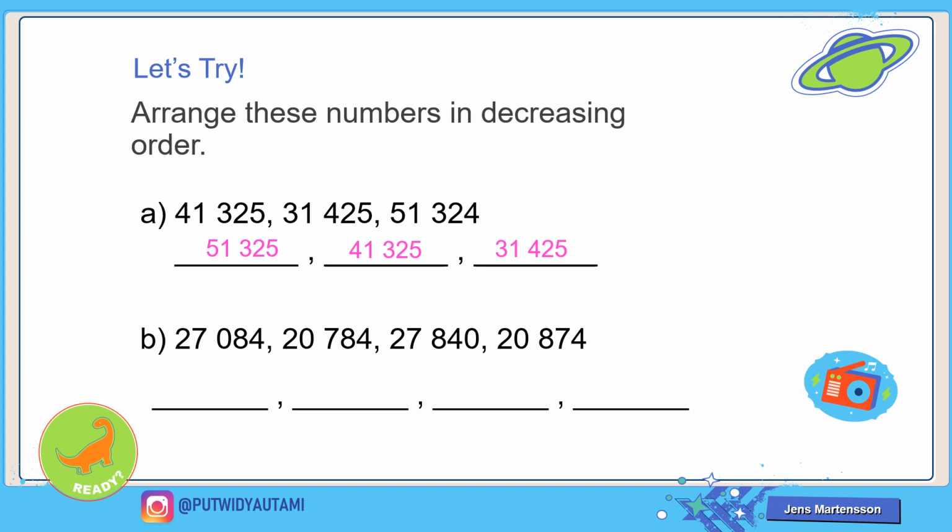Now, let's compare the 10,000s digit. The digits in 10,000s are equal. So, let's compare the next digit, that is thousands.